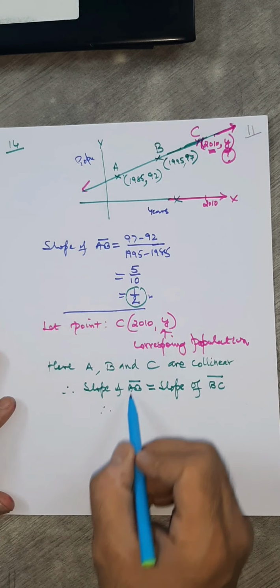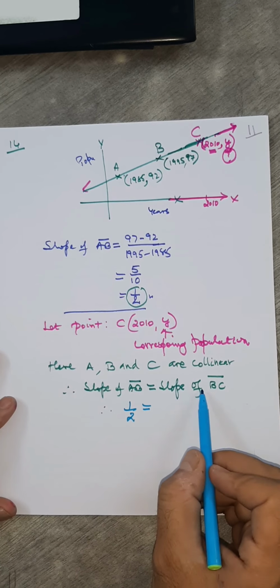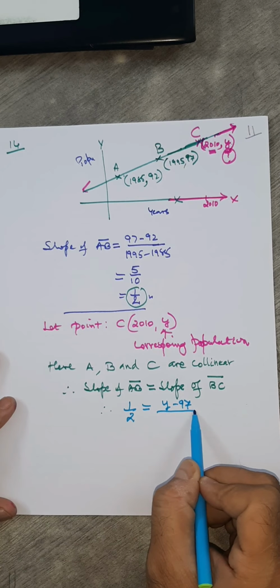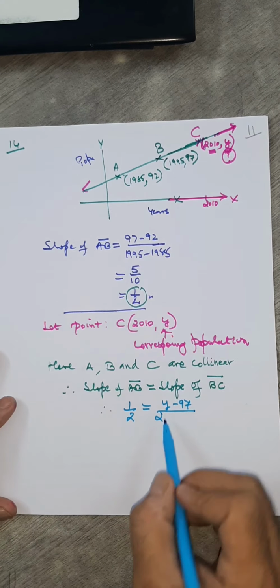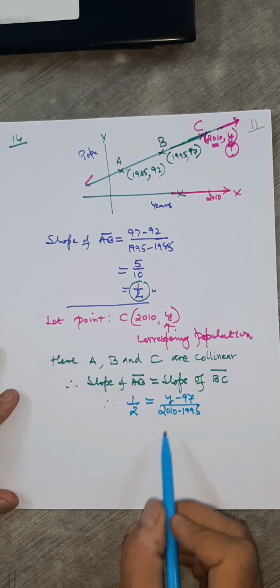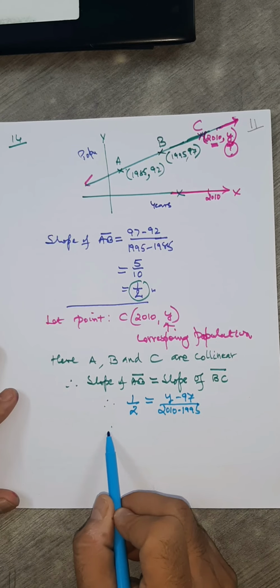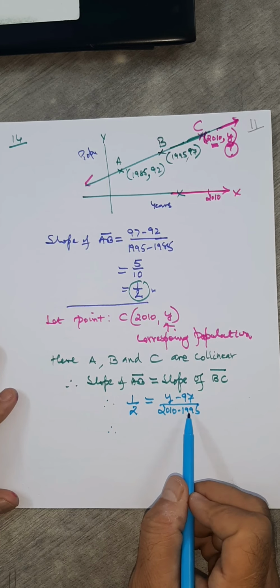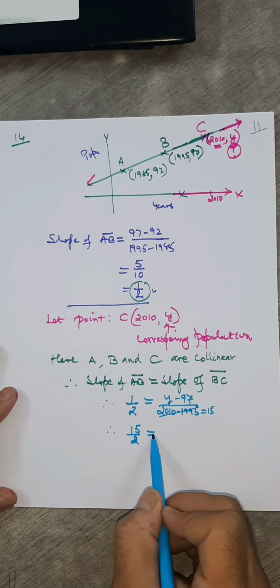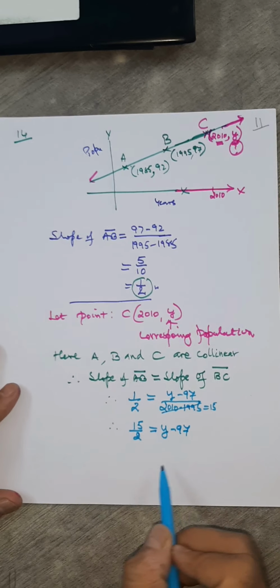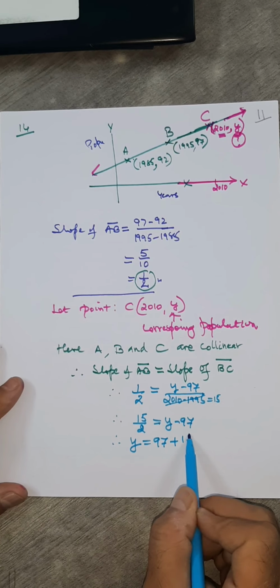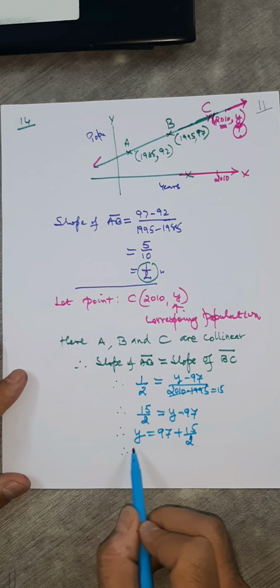Now slope of AB you did, which is half. How do we get the slope of BC? y2 minus y1, that is y minus 97 upon x2 minus x1, that is 2010 minus 1995. Fine. So this is how much? This is 15. So I'll take it on the other side. So here 15 by 2 equals y minus 97. So therefore, what is y from this? That is 97 plus 15 by 2, which is just 7.5.